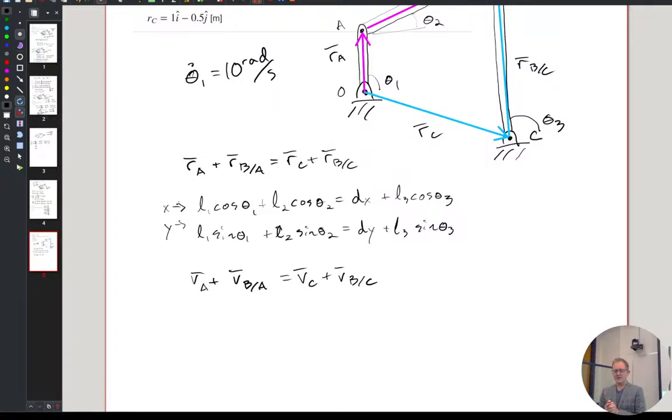So then what happens to this equation? Is it any different? What's the velocity of point C now? I change where it is. Did I change how fast it's moving?